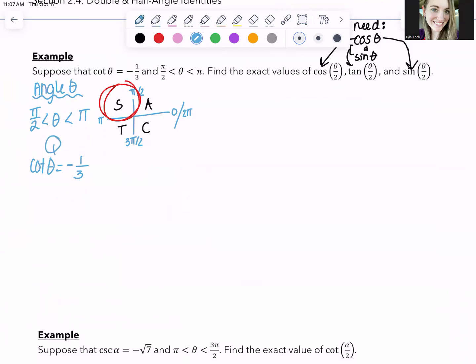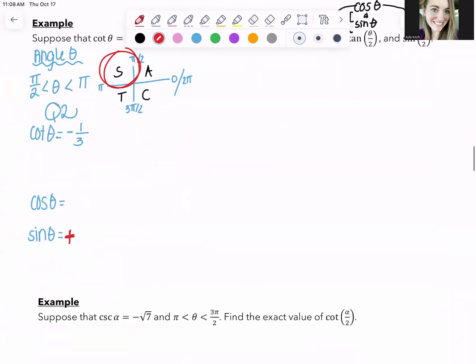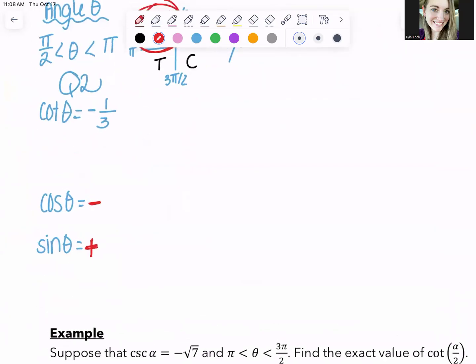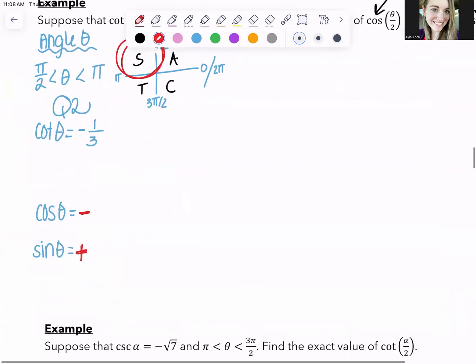So let's see, we have that it's Q2. Cotan of theta is negative 1/3. I need cosine of theta and I need sine of theta. I know sine should be positive because we're in quadrant 2. Cosine should be negative. Theta is in quadrant 2, I should say. All right, let's just use this.